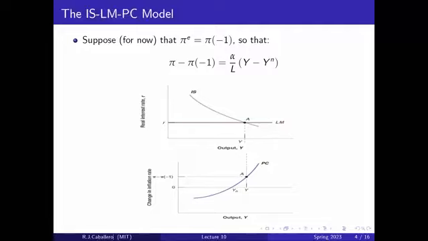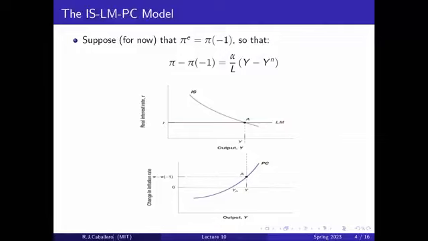And for that, we need to see whether this level of output is above or below the natural level of output. And for that, we need to look at the Phillips curve. Okay. And in this particular case, output is above the natural level of output. Given that observation, you draw here the Phillips curve.